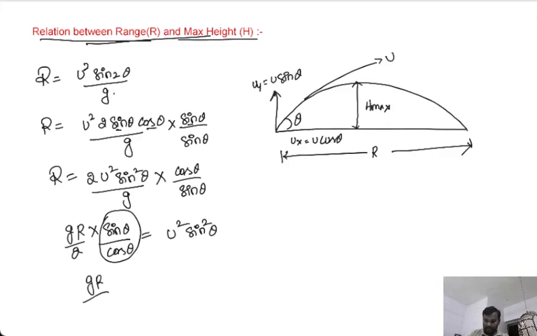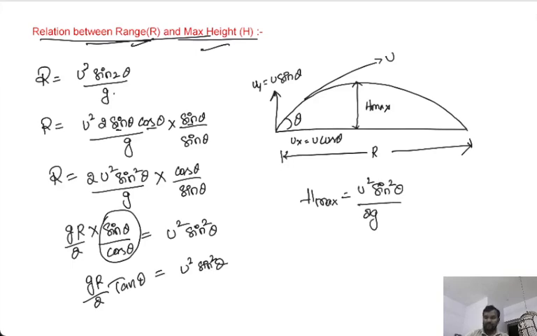Then gR by 2 tan theta is equal to u square sine square theta. So here is the relation for range and maximum height. The maximum height formula is h max is equal to u square sine square theta divided by 2g. Then h max is equal to u square sine square theta, where u square sine square theta value is gR by 2 tan theta.